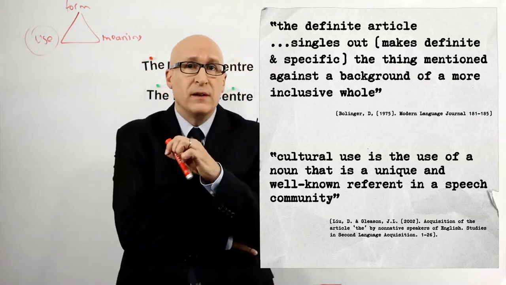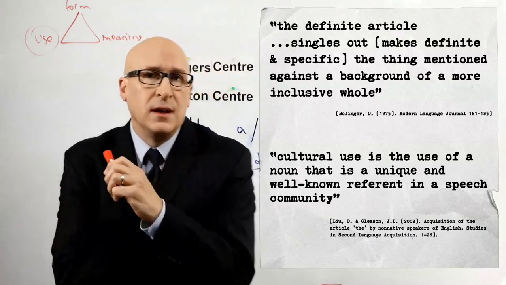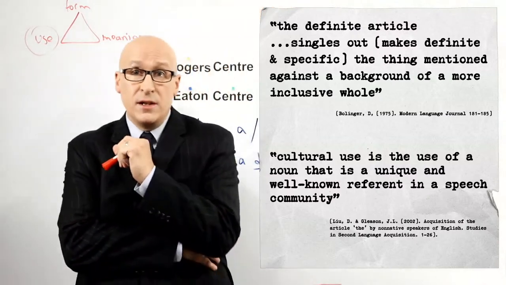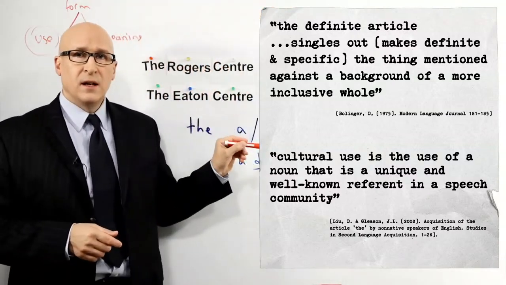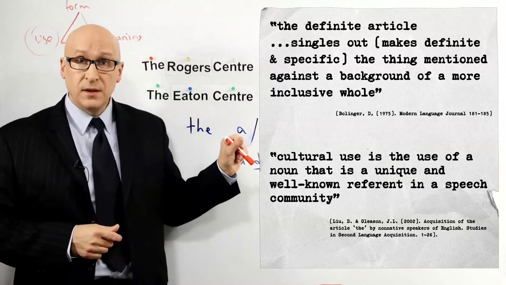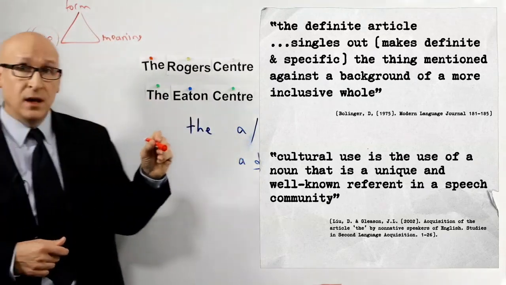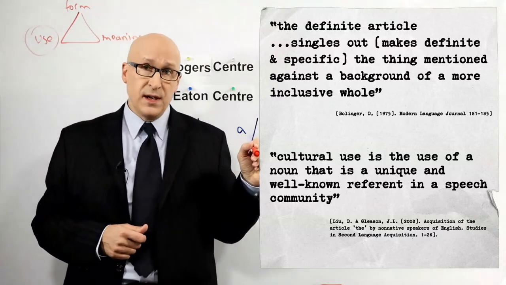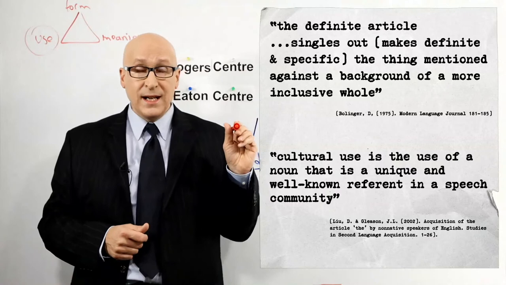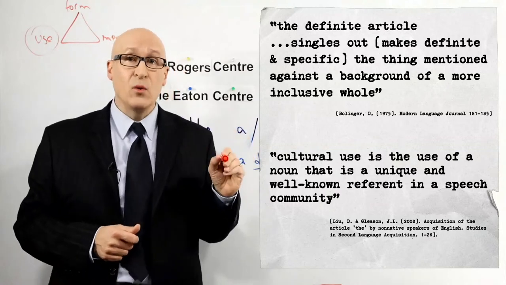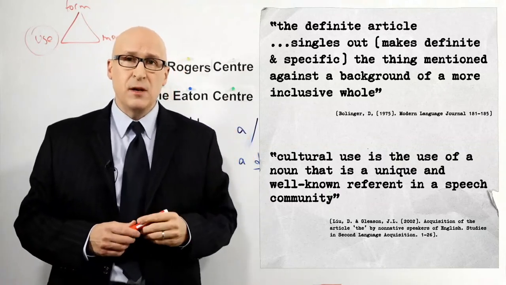Now here's another point from two scholars, Liu and Gleason. Okay? They also mention that cultural use, remember we're talking about use here, cultural use is the use of a noun that is unique and is a unique and well-known referent in a speech community.